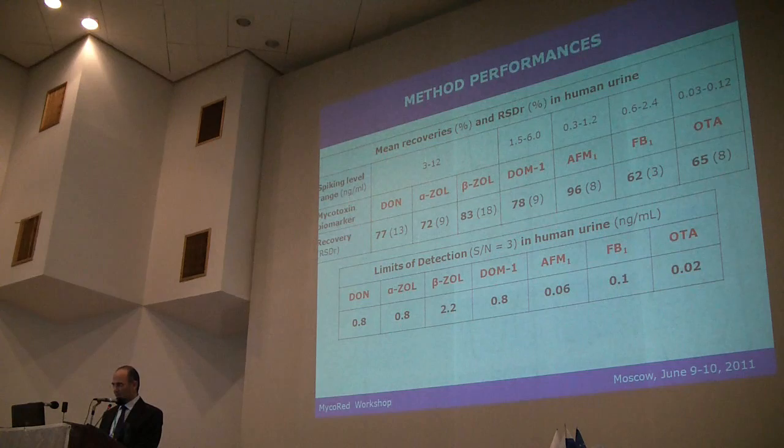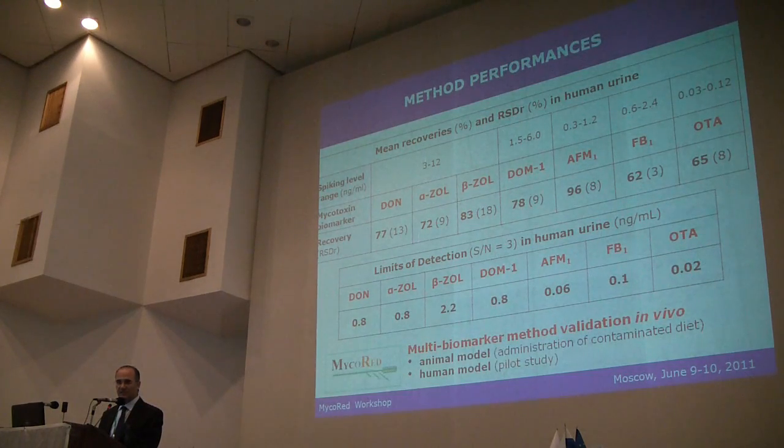Recovery is quite good, and also the relative standard deviation of the method, and the limits of detection are very, very low. And within the project, we now have to validate in vivo this method by using animal model and, in collaboration with Gordon Shephard, also in human model.